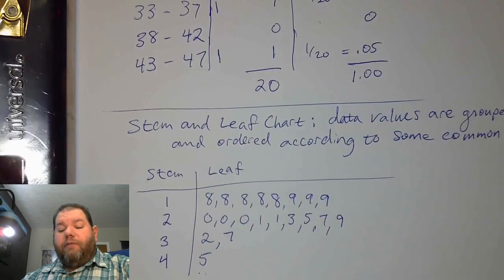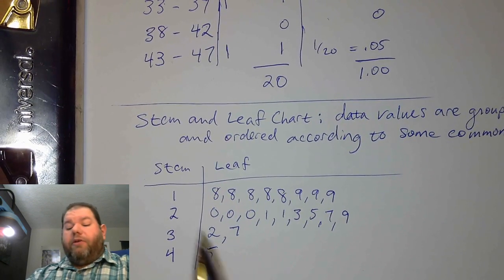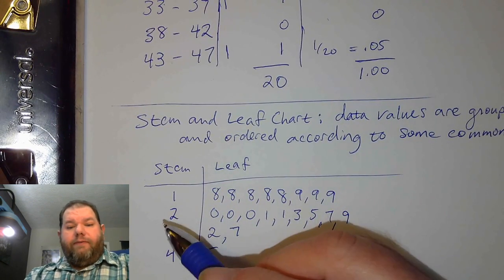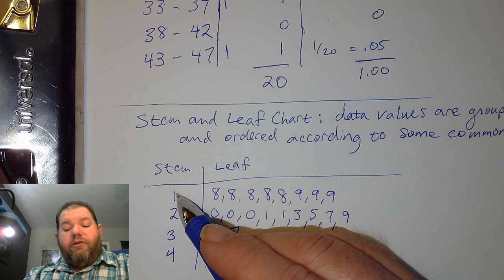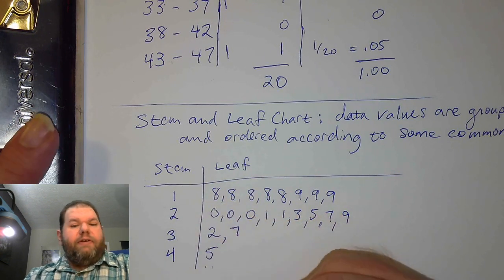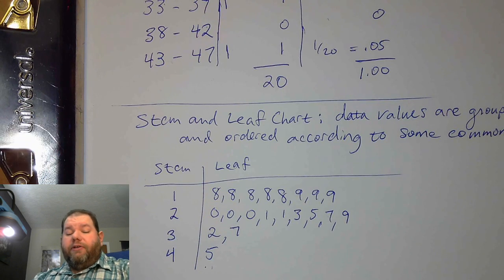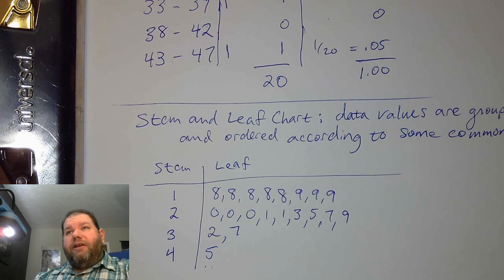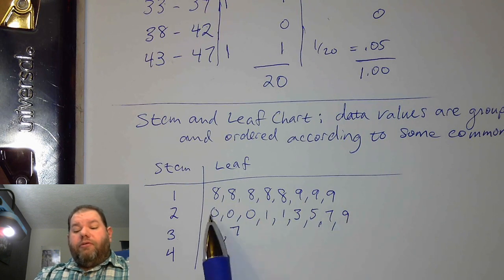Once we have our stem and leaf chart, like we have here, not only do we group these values by basically tens in this case, which is not quite the same as breaking up into classes, but in a way it's similar, it also forces us to put the values in order.